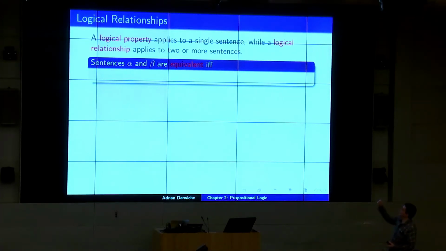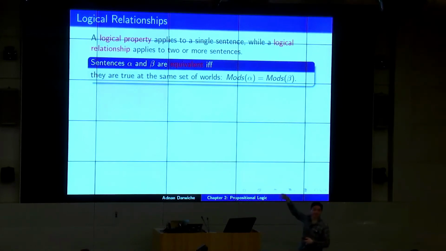So, sentences alpha and beta are equivalent. The same words, the same models, right? They're true at the same set of worlds. So you can write things differently. You can give me one sentence and another sentence that looks different, and you look at it and say, oh, they're saying the same thing. They have the same meaning. What does that mean? They're true at the same set of worlds. Their models are basically the same.